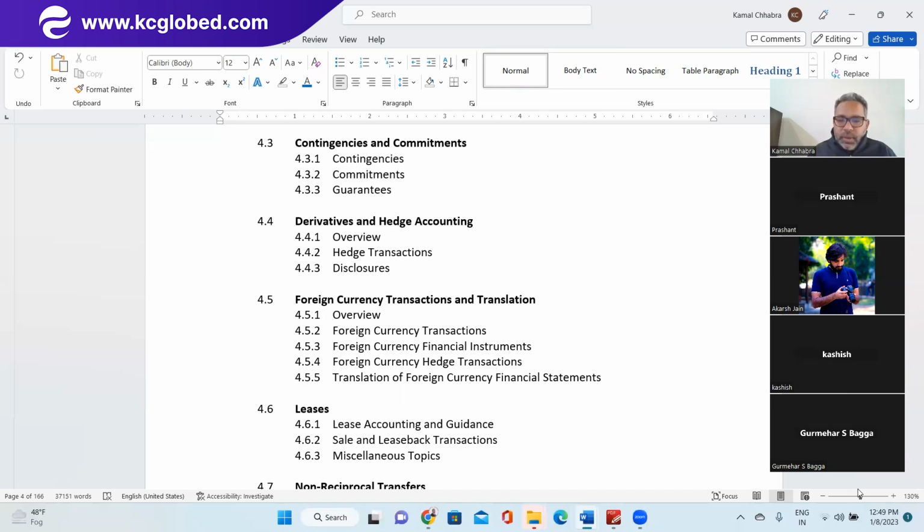Yes, right, that is called a contract. What is commitment? And why is it important for accounting? Gurmehar, Akash?